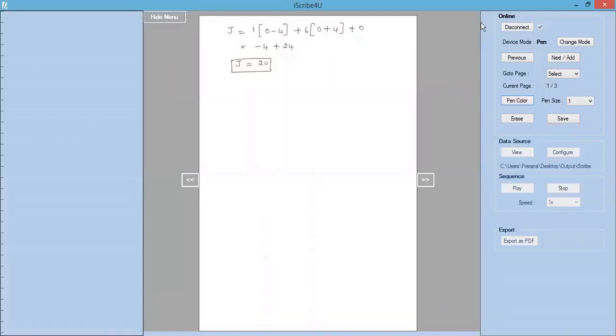Now we'll do another problem on Jacobian. Second question.